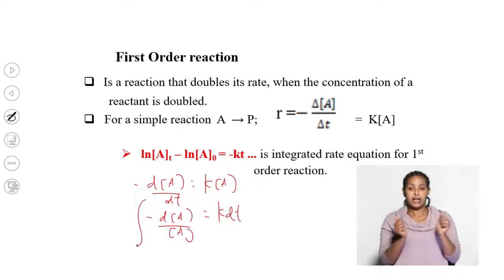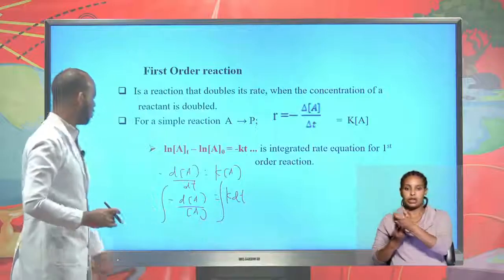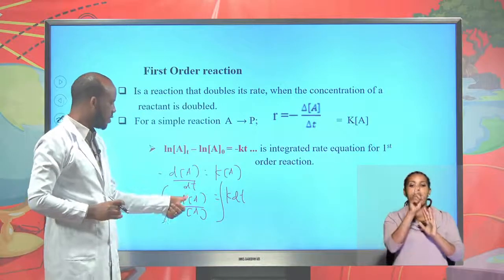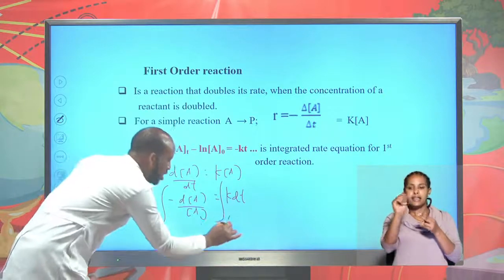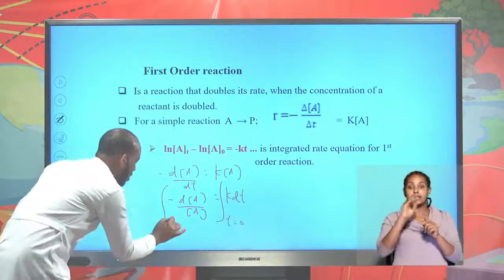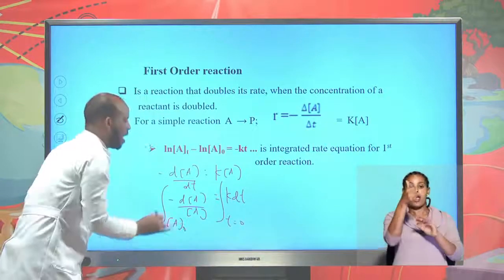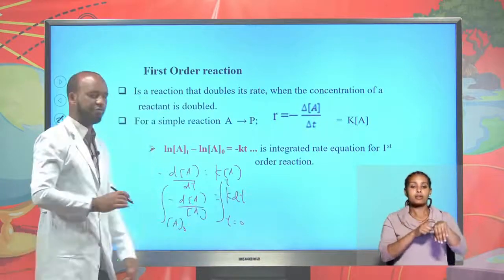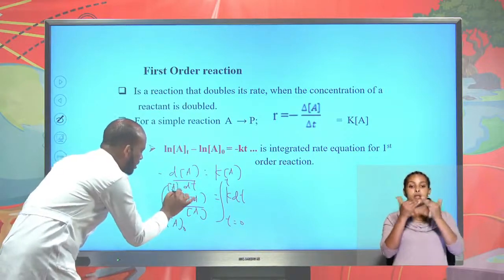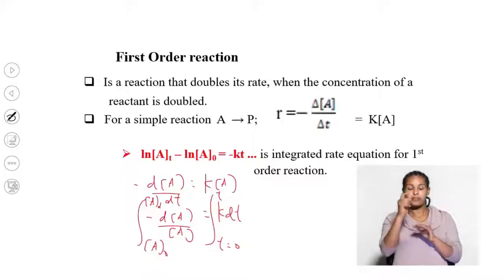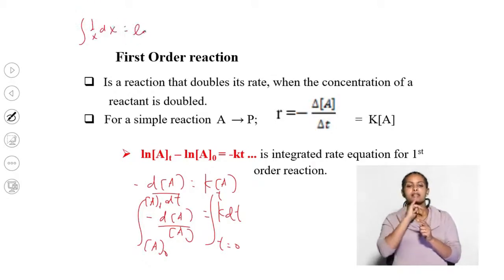Integrating both sides, the integration of minus 1 over A, d[A], equals k times dt. When t equals 0, we have initial concentration A naught. At time t, the concentration of A becomes concentration of A at time t. Now, the integration of 1 over x dx is ln x.